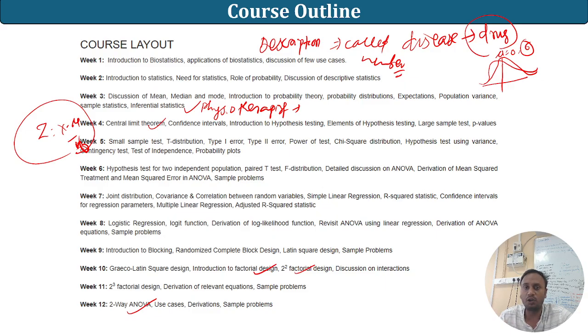Then we'll work around that hypothesis itself. If we talk about the elements of the hypothesis, it starts with the null, then we have the alternative. The null hypothesis is what we call the status quo, the basic fundamental. Let's say there are three different fertilizers used on the same soil.